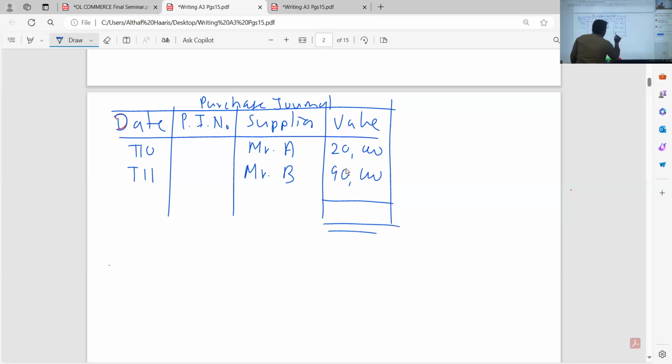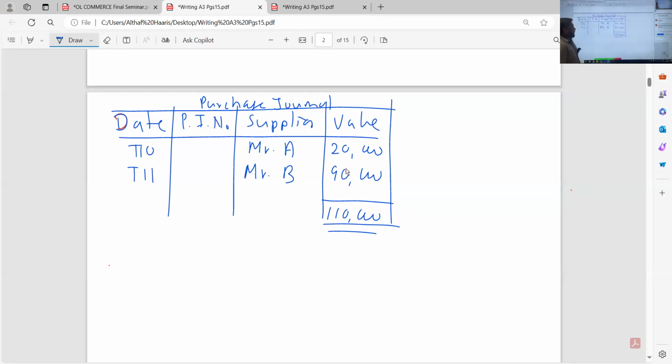So 110,000. Everyone tell me this 110,000. Invoice number also fine, Zaharullah. Again, those are part of format, maximum 2 marks. Purchase invoice number, anything is fine. So you tell me people, this 110,000 transferred to which account?